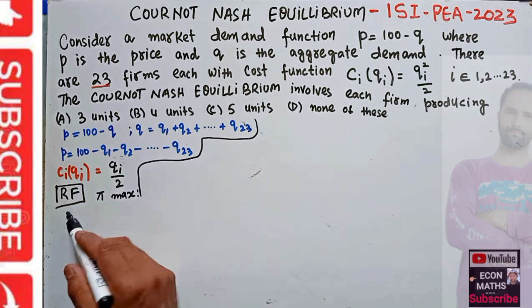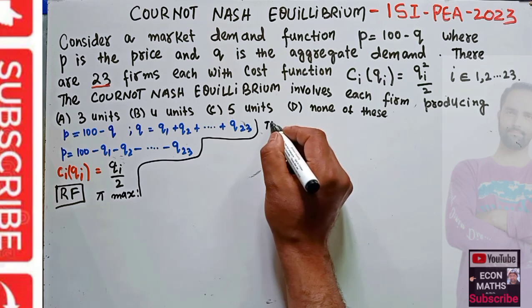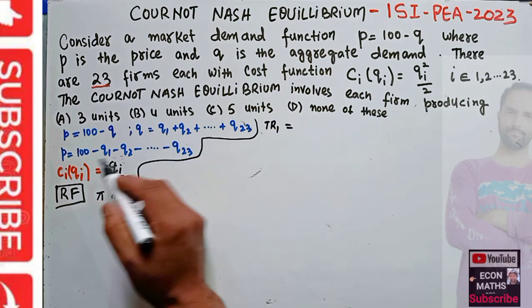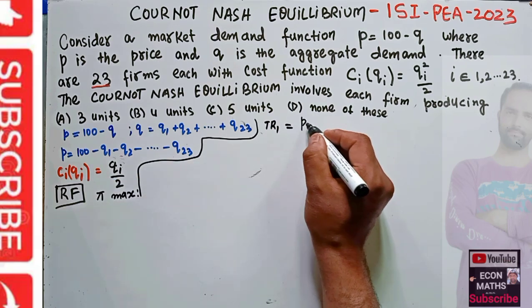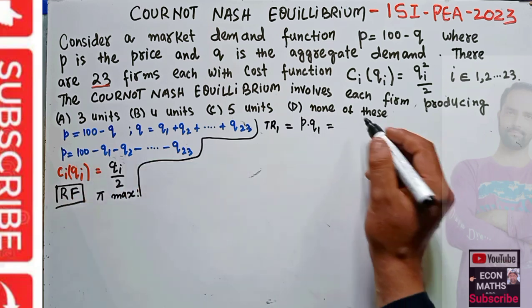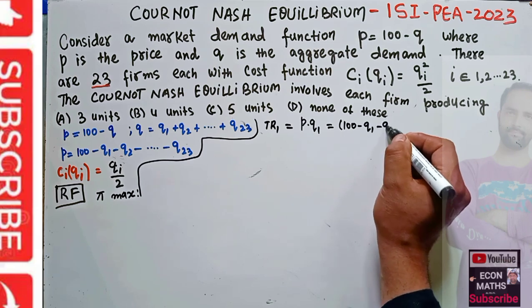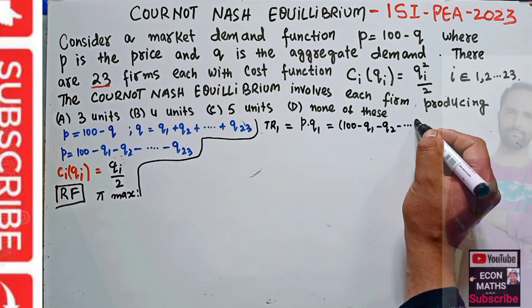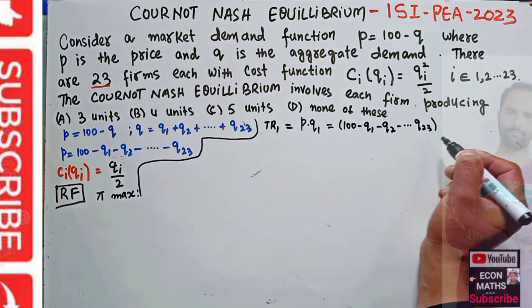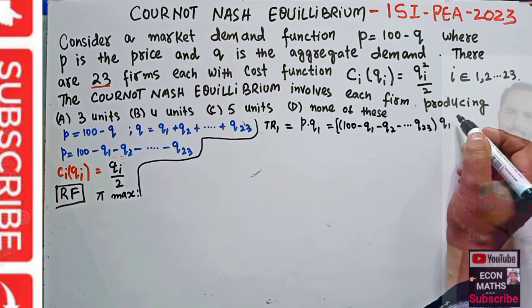Profit maximization requires us to find the total revenue for firm 1 first. Total revenue will be equal to P into Q1, where P is this very function, 100 minus Q1 minus Q2 minus up to Q23. To this we multiply Q1. This is the total revenue of firm 1.